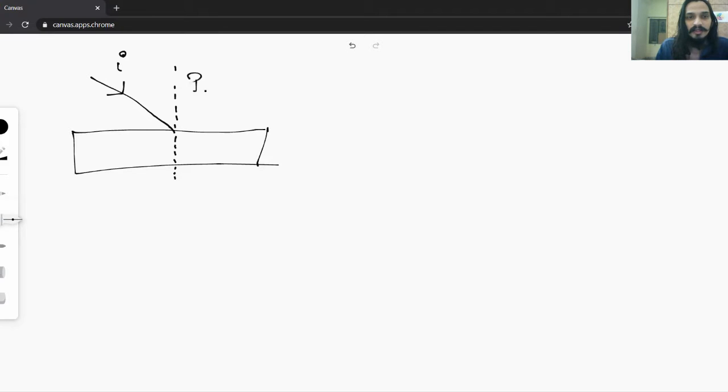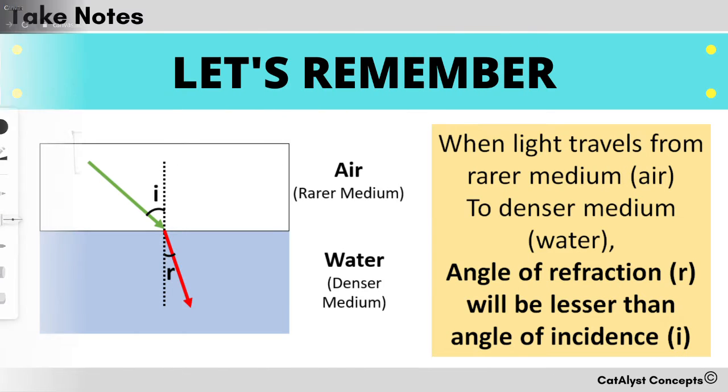If this is a rare medium and this is a dense medium, then this ray of light refracts and moves closer to the normal, right? So this angle of incidence should technically be I, and this angle of refraction, right? It's not reflection, the difference being refraction. When light goes from rare to dense, this angle will reduce. I is greater than R.